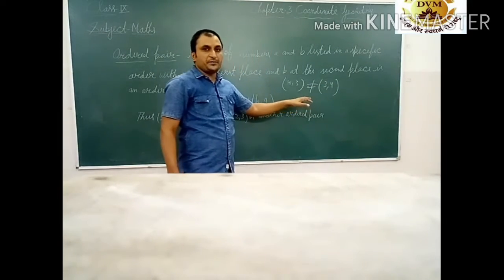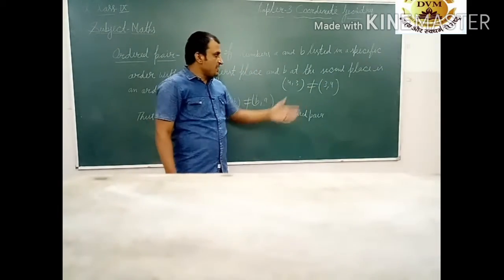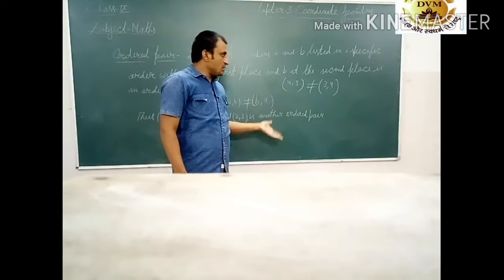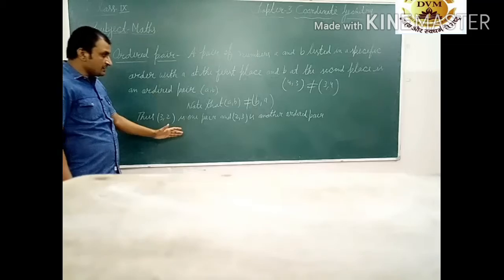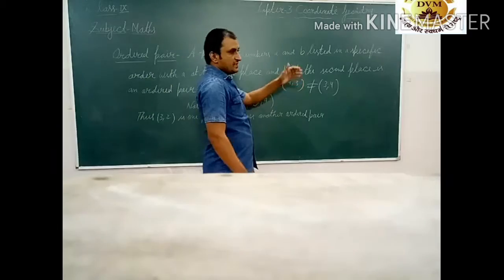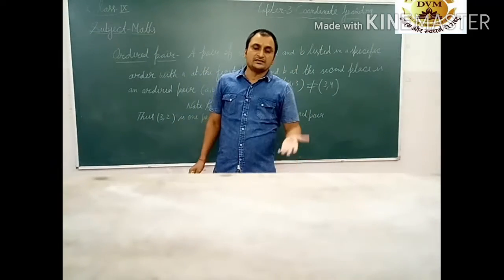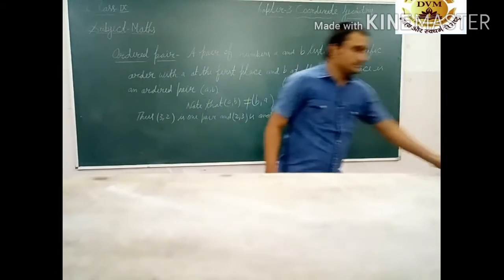In this ordered pair, 3 is at the first place and 4 is at the second place. So all have understood about ordered pairs? Clear? (4, 3) is an ordered pair and (3, 4) is another ordered pair. Understood?